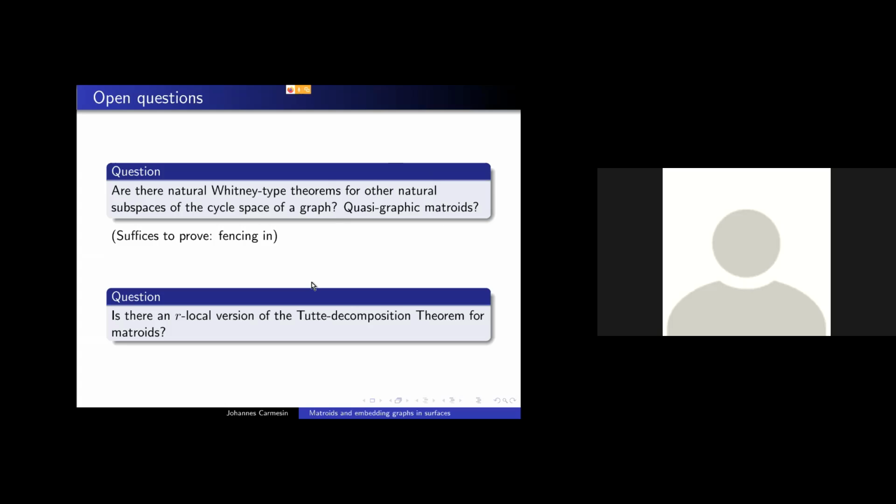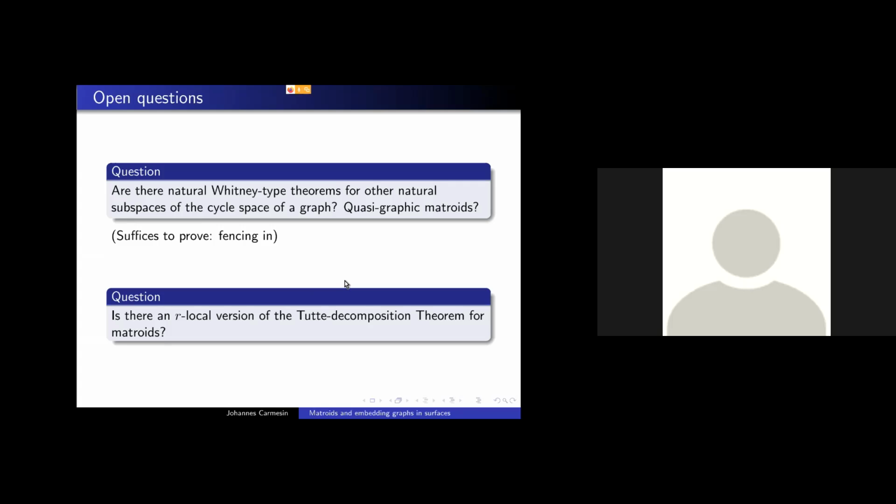Right, and then there's another question. I think here's the right place to ask this. Before I talked about these local separators of graphs, and there's a very natural notion of local 2-separators of graphs. There's this Tutte decomposition theorem, which decomposes every 2-connected graph into 3-connected pieces, and this decomposition is essentially unique.